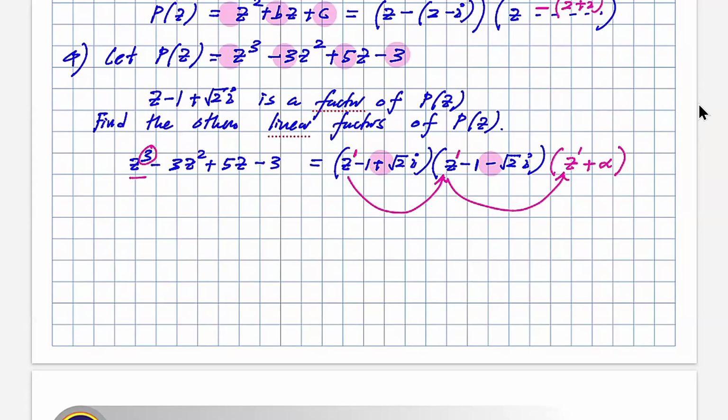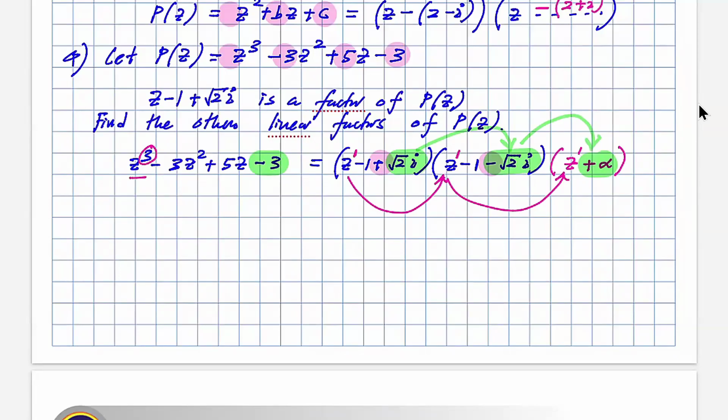So now the next one. Next one is, you can see this minus 3. You obtain this minus 3 from here to here to here. That means when you multiply this with this guy and that with this guy, will give you that minus 3, right?